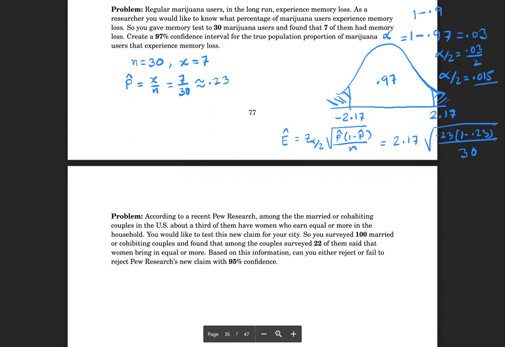Now, if you simplify it, what number do you get? What did you guys get? 0.23 times 1 minus 0.23 divided by 30, to the power 0.5, times 2.17. I got 0.1667. Is that what you got?